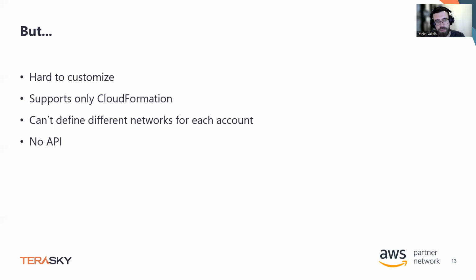But the main problem is that this is the same for all accounts. So if you provision 10 accounts, some prod, some dev, they will all be provisioned with the same VPC CIDR, the same subnet CIDR, and the same number of subnets.